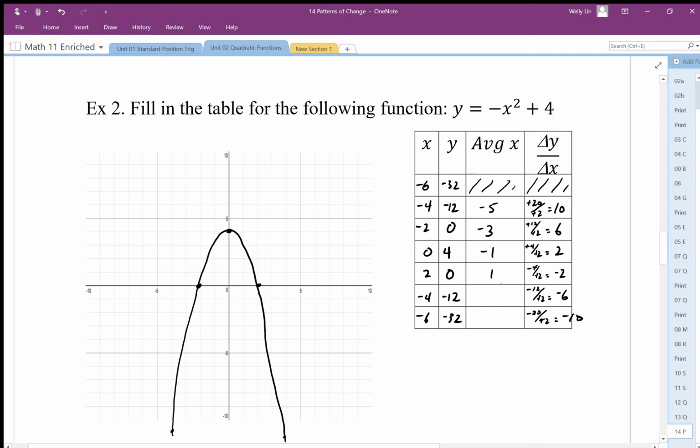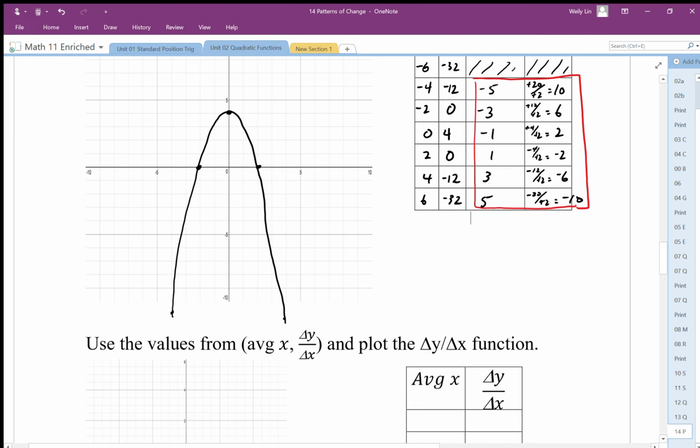So we're going to work out some x coordinates here that we're going to use. The average between positive 4 and positive 6 is going to be plus 5, and between 2 and 4, plus 3. So what can we do with these values here? Based on some x positioning, is there a relationship between the x and the slope on that parabola?